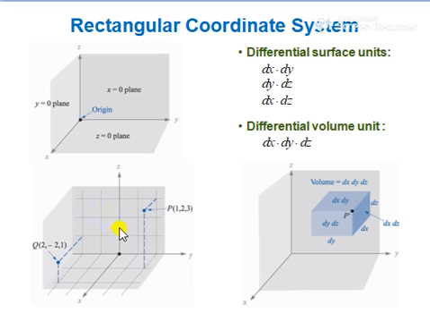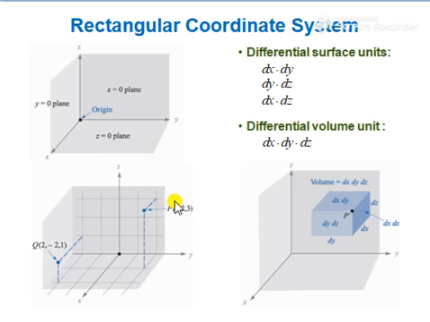Now let us see how to represent a point in the Cartesian system. For example, take a point P(1, 2, 3) and Q(2, -2, 1). x equal to 1 means it travels from the origin to here, at which y equal to 2 means two units along y, and z equal to 3 gives the z coordinate.